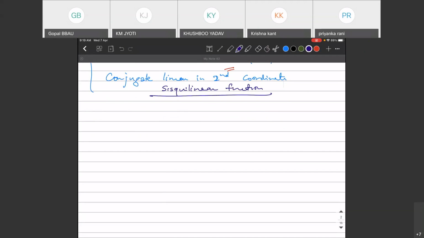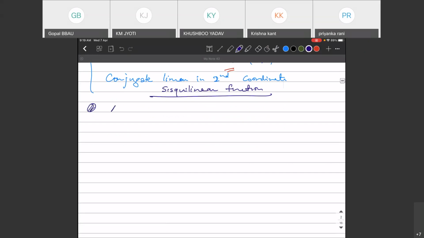So a vector space X which is equipped with an inner product is called an inner product space.